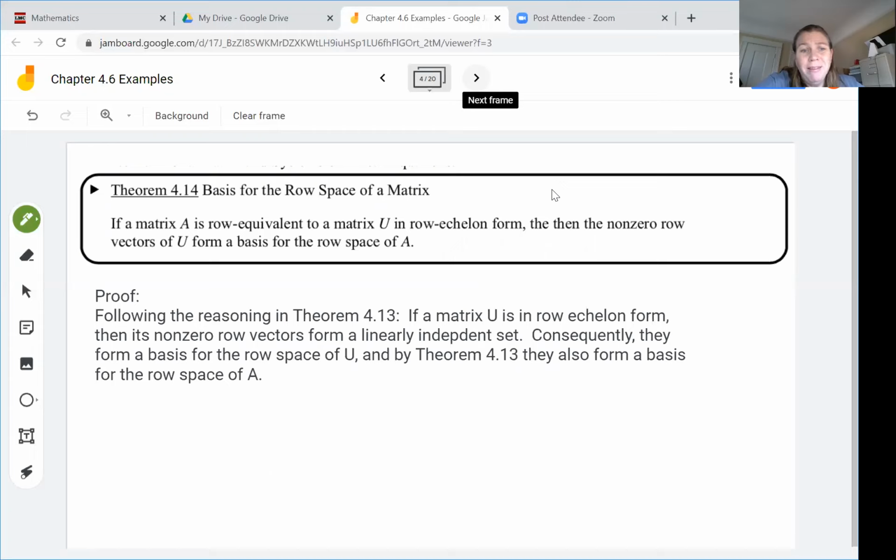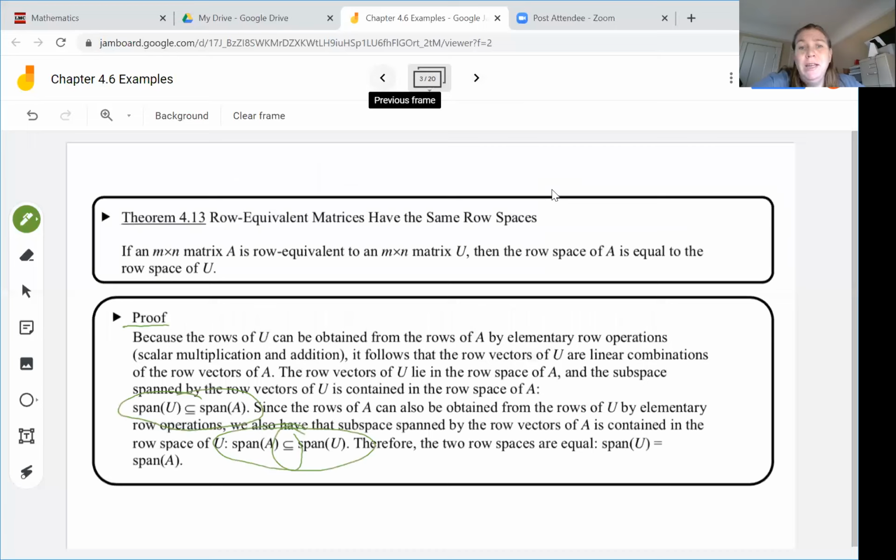Consequently, they form a basis for the row space of U, and then by theorem 4.13, they also form a basis for the row space of A. So we get this theorem about forming a basis for the row space of the row equivalent matrix, as well as theorem 4.13 that tells us the row spaces are equal for row equivalent matrices.